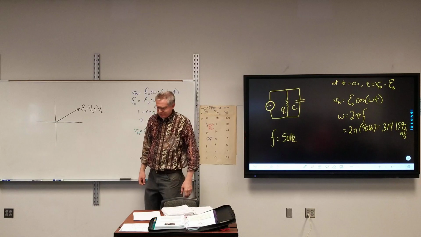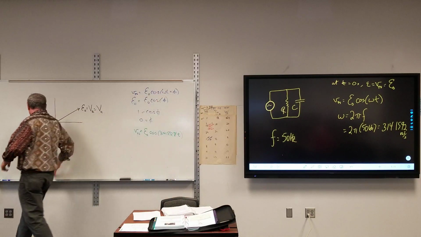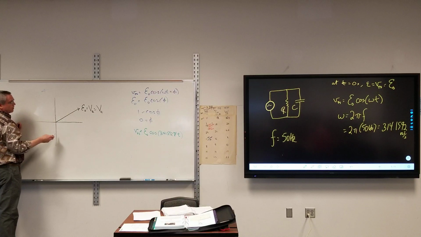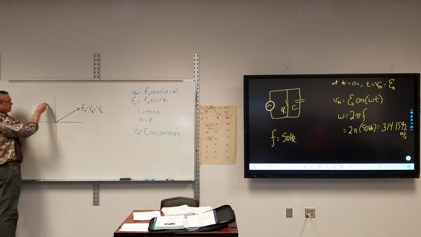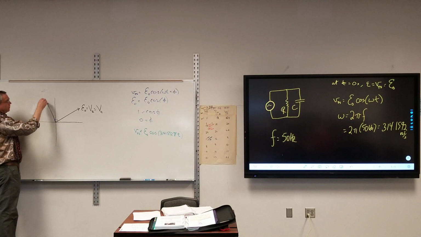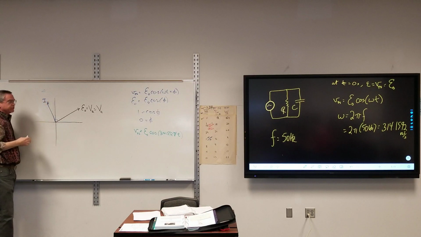By how much? 90 degrees. Okay. So if it leads, because again, these things are going around counterclockwise, that's supposed to be a 90-degree angle, or pi over 2. That is the current going across the capacitor.